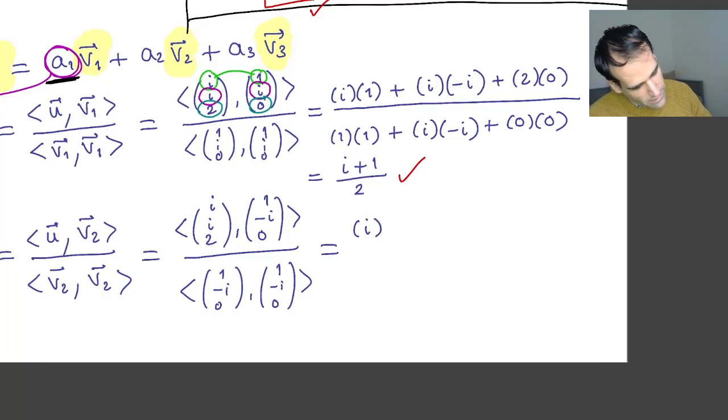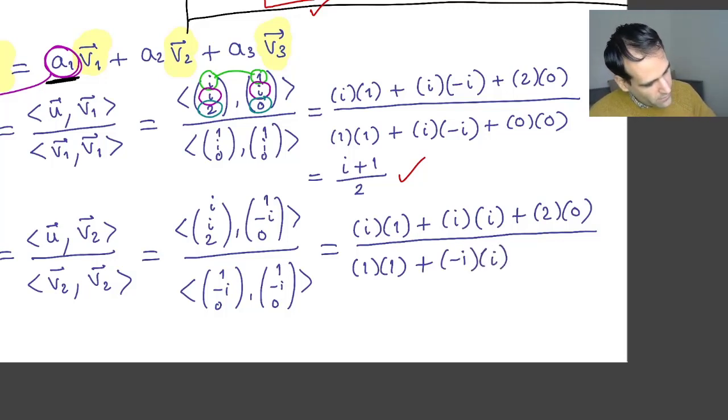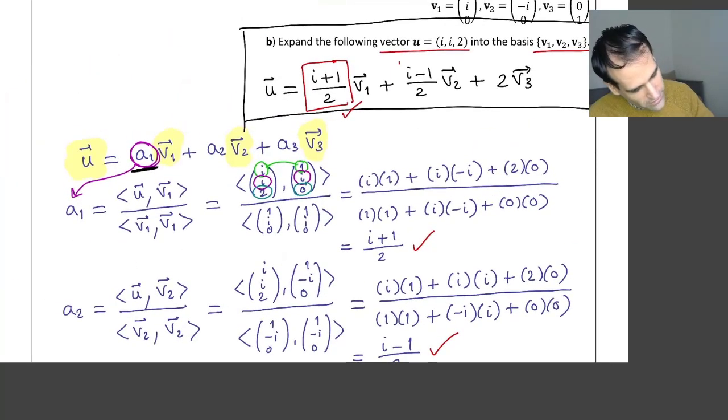This is going to be i times the complex conjugate of 1, plus i times the complex conjugate of minus i, which is i, plus 2 times 0, divided by 1 times the complex conjugate of 1 plus minus i times the complex conjugate of minus i, which is i, plus 0 times 0. And this is equal to i minus 1 on the top and 1 plus 1 on the bottom: i minus 1 divided by 2. Correct. That also matches the second component that we found using the linear system of equations.